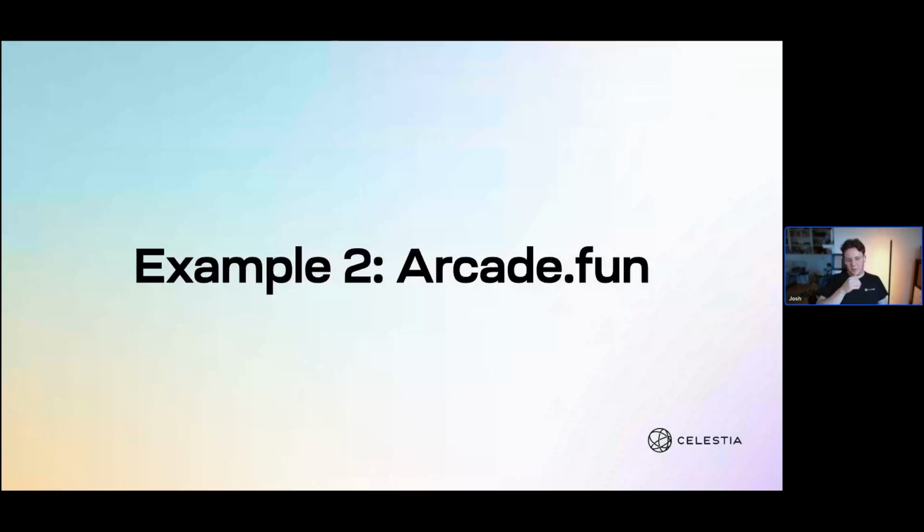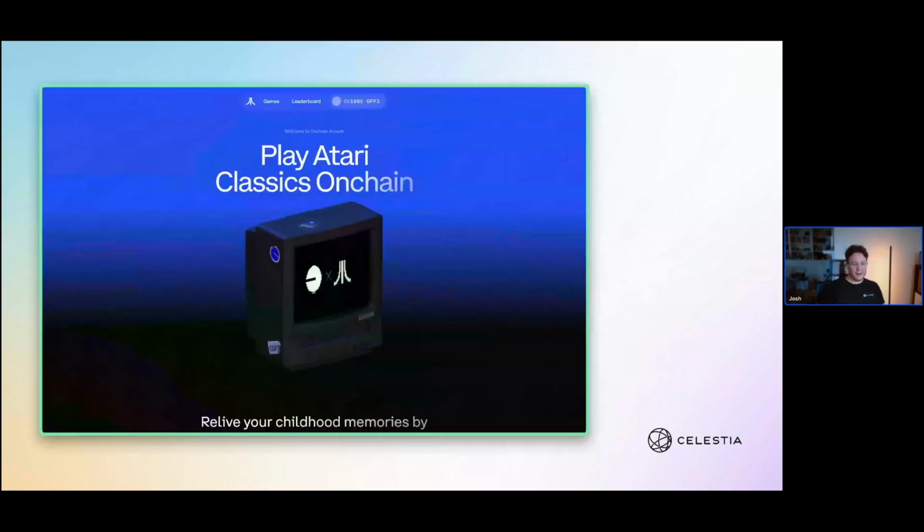So example 2 is arcade.fun. This is a way where you can play Atari classics on chain. This is like the first thing where I thought I want to actually send this to my friends.